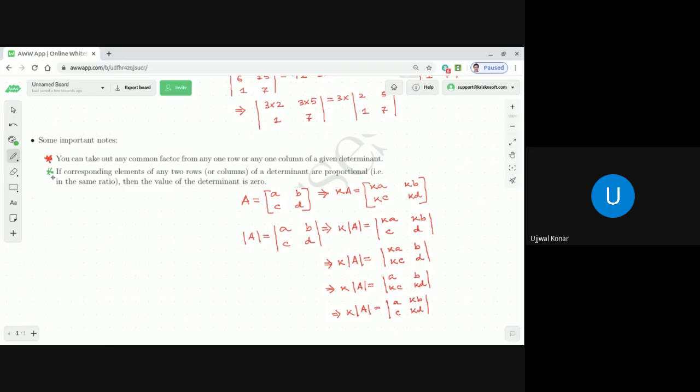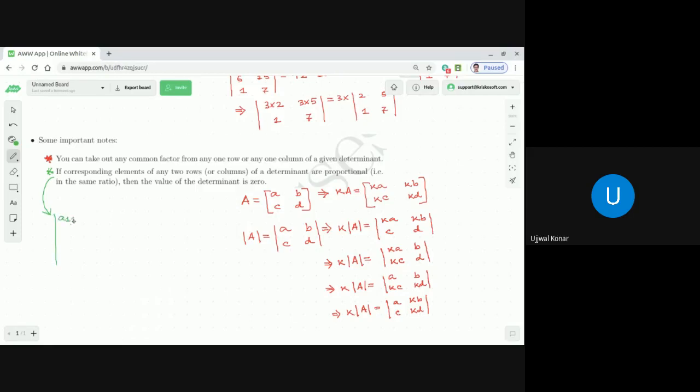Now to replicate the second statement, that if corresponding elements of any two rows or columns of a determinant are proportional, that means in the same ratio, then the value of the determinant is 0. I want to show you how it becomes 0. So for that, let's take a 3 by 3 determinant, symbolic representation.